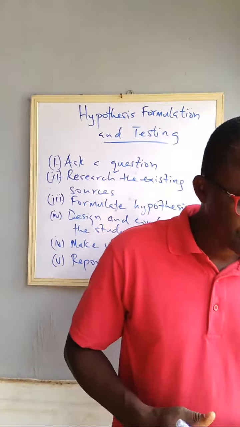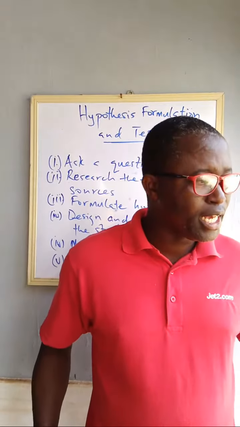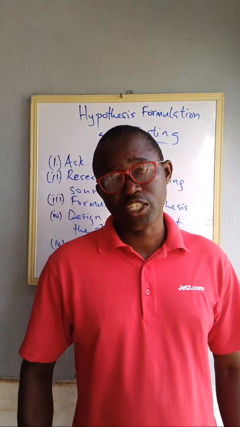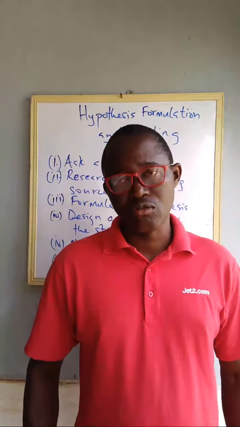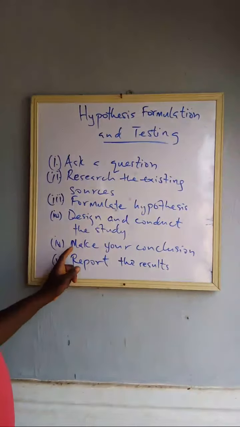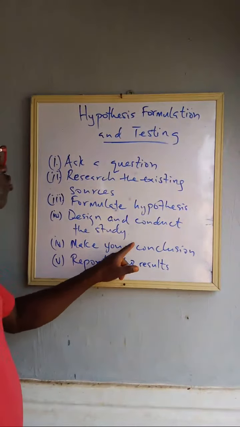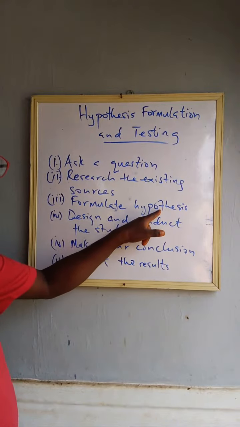All right. Now, a hypothesis is normally a tentative conjecture, a tentative assumption. It should be proven right or wrong at the end of the research. If you have followed all these steps, at this point you will be able to make a conclusion that will either prove right or wrong the hypothesis that you have formulated.